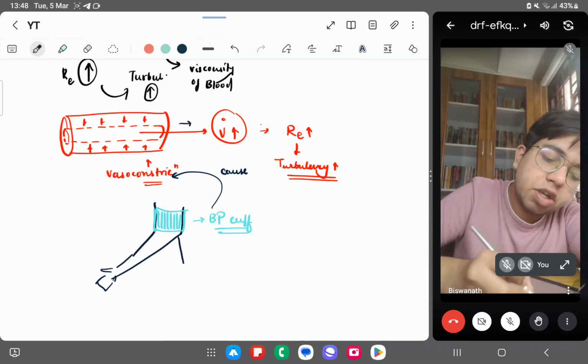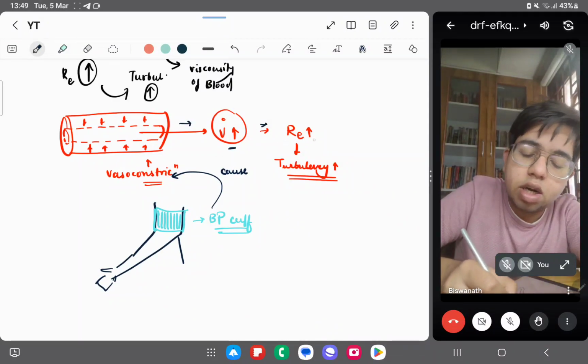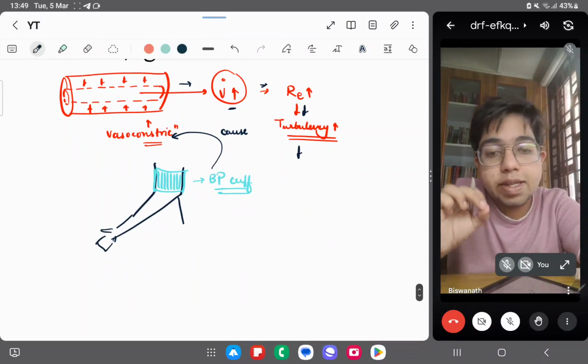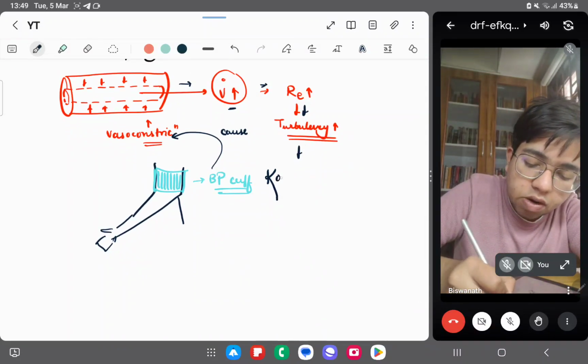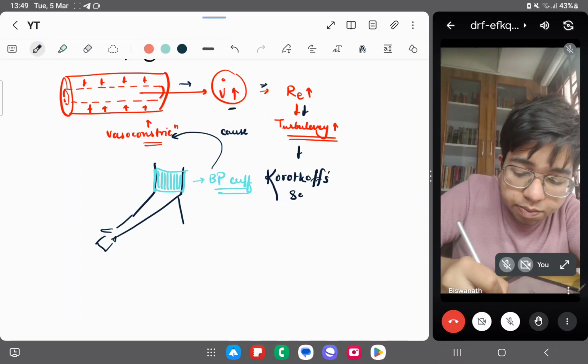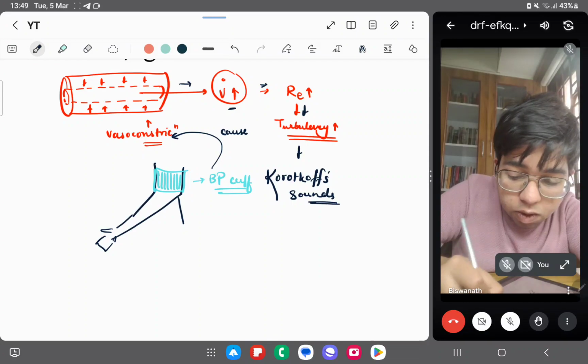This vasoconstriction will increase the V dot, increase the Reynolds number, increase the turbulency, and this increase in turbulency in blood vessels will produce some sounds which are known as Korotkoff sounds.